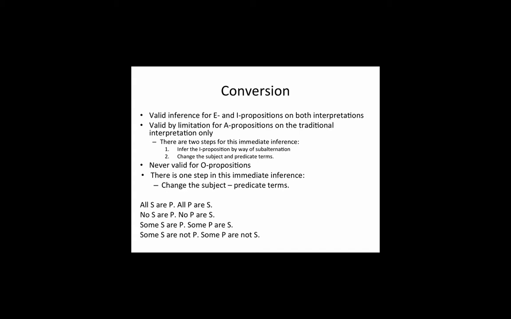So let's look at our converted propositions. First, the A proposition becomes all P are S. If you think of a couple of examples that are tangible, you should recognize why this inference is not legitimate. If I say all dogs are animals, and then I infer from that that all animals are dogs, we come up with a false proposition.